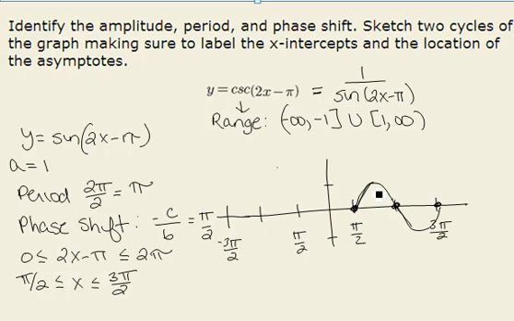We can continue this process to its next cycle, which would be pi units in length, from pi over 2 to negative pi over 2. Therefore, at negative pi over 2, it also will be at its x-intercept, or the average value, also at 0.